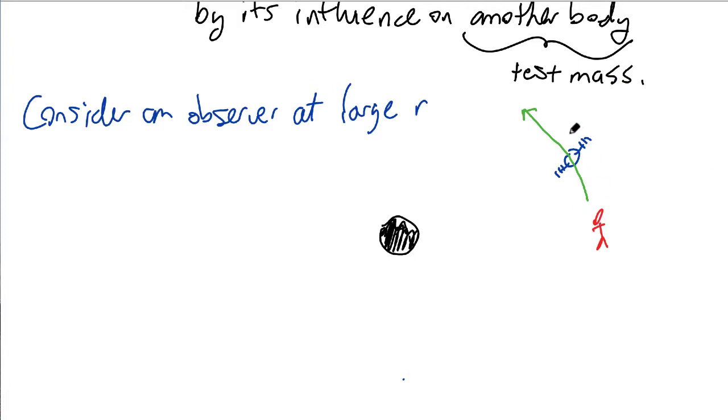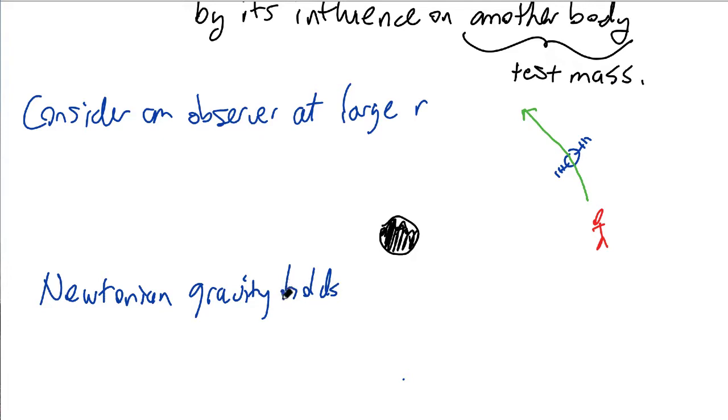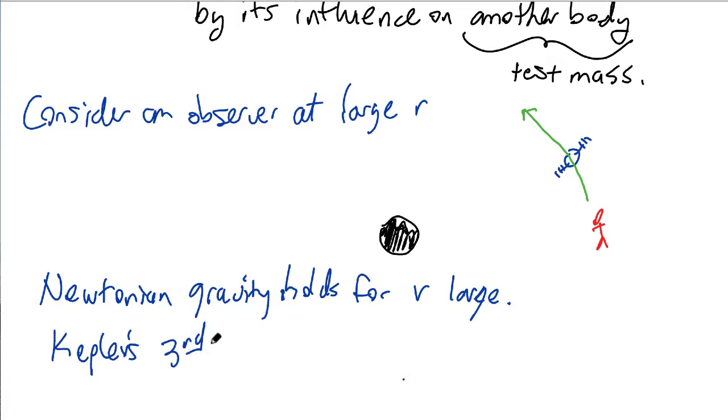Now this observer and the satellite are very far away, in a region where the gravitational field is very weak. So in that region, Newtonian gravity should hold to a good degree of approximation. So Newtonian gravity holds approximately for r very large. And in particular, that means that Kepler's laws of planetary motion should hold. Kepler's third law should hold.